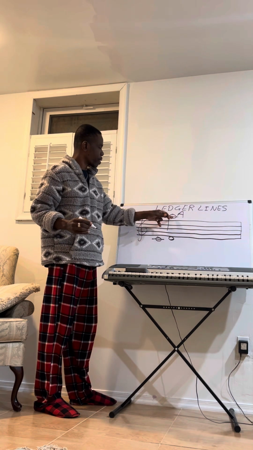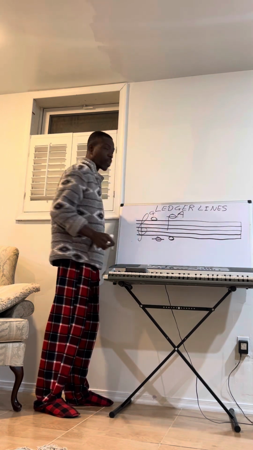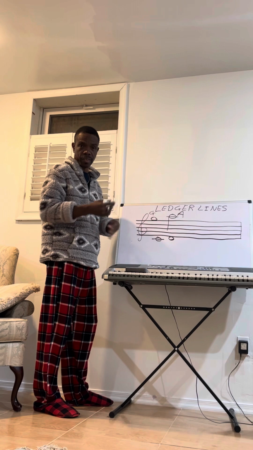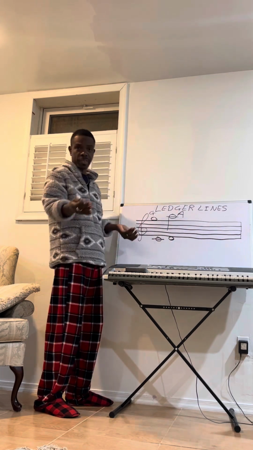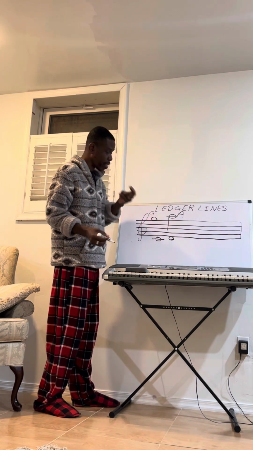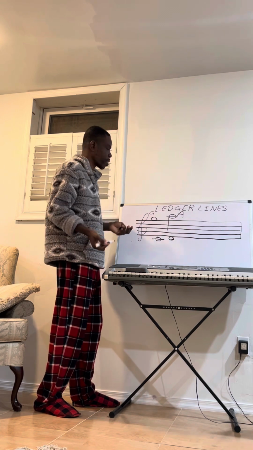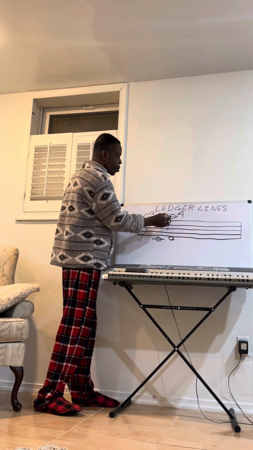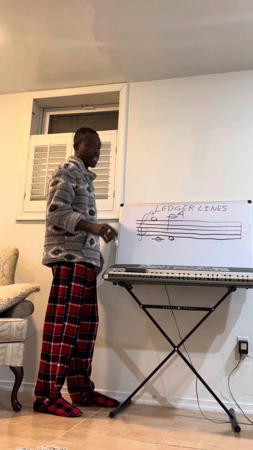Now we said that this note is A, and the stem would go down to where the other A is, because you know notes are repeated on the staff. As you saw in last week's lesson, we have more than one A, more than one B, more than one C, etc. So the stem goes down to the other note, and that's called an octave.